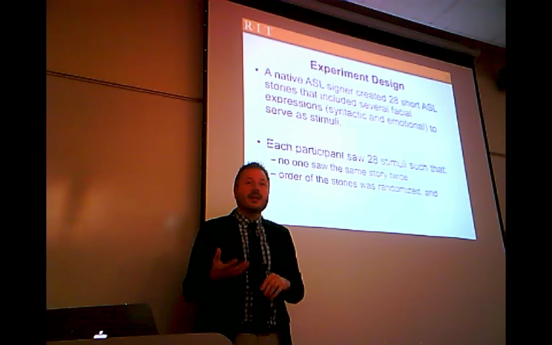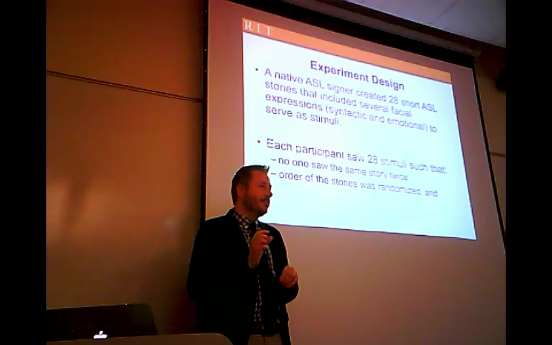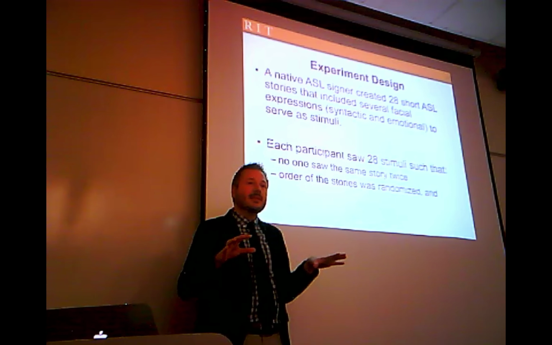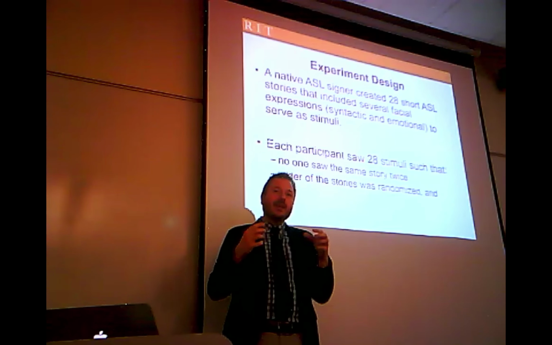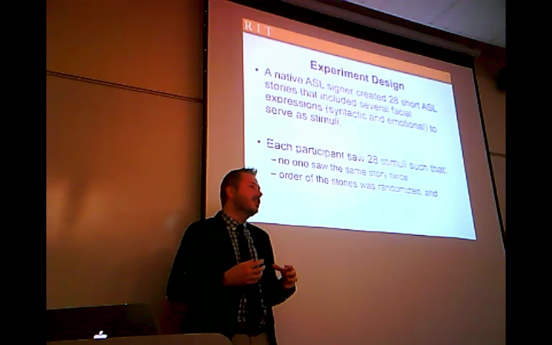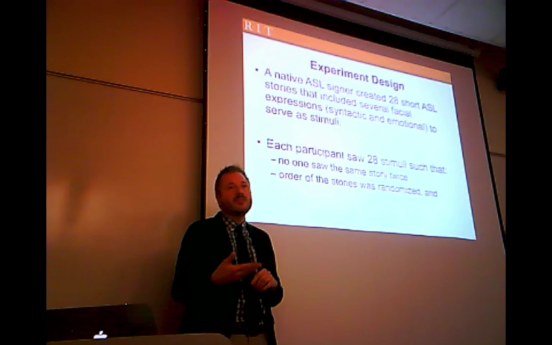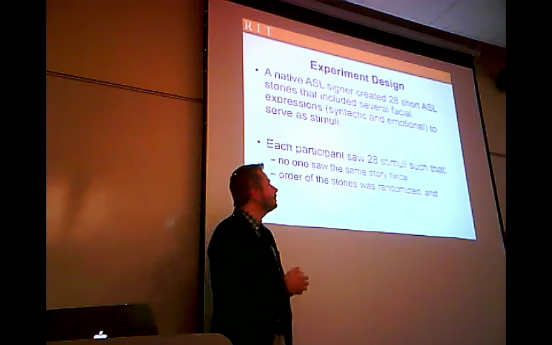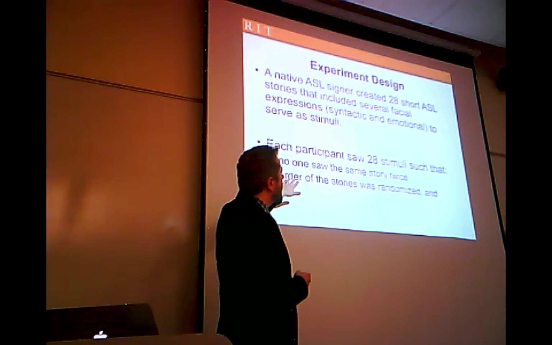To do this, we actually created a test bank of experimental stimuli. We invented American Sign Language sentences that required certain facial expressions in them. And we created a standard test set that we shared with the research community. We not only made the plan of the sentences, we also created comprehension questions that you could ask people, and it would measure whether or not they interpreted the facial expression correctly. In this particular study, we had 28 experimental stimuli.